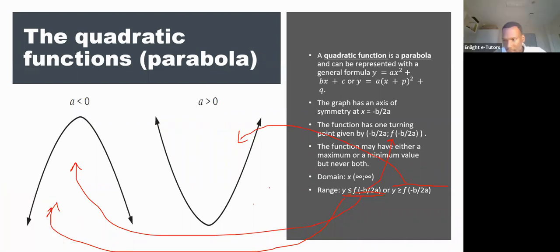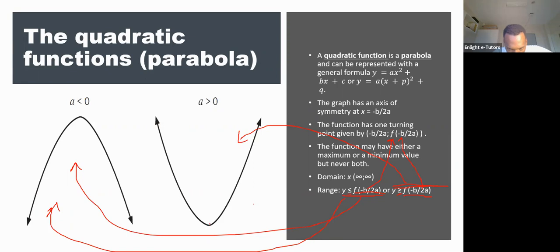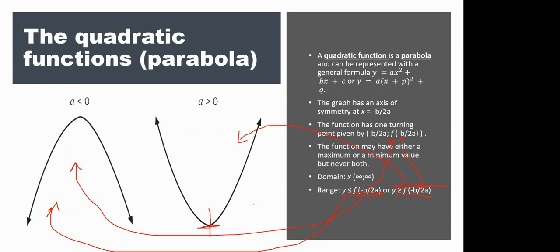So even here, if you look at this one, specifically this one, they say y values have to be greater than the y value of the turning point. So here's your y value of the turning point.